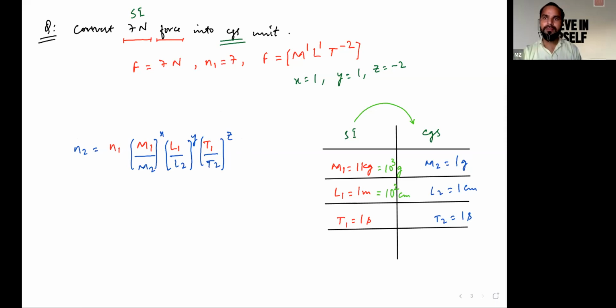Okay? Any doubt to anyone of you? No, sir. Okay, just try to solve. Simply put all the values which are written on this page and try to simplify on the basis of their exponents.